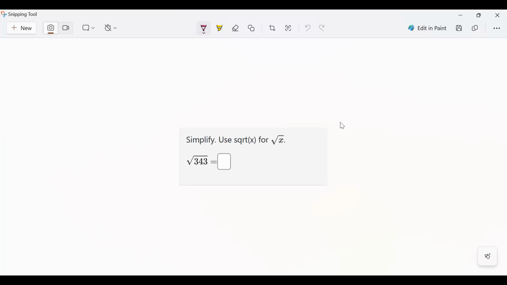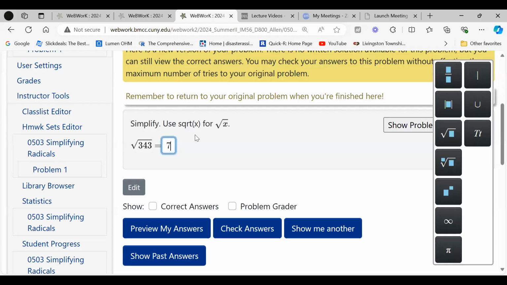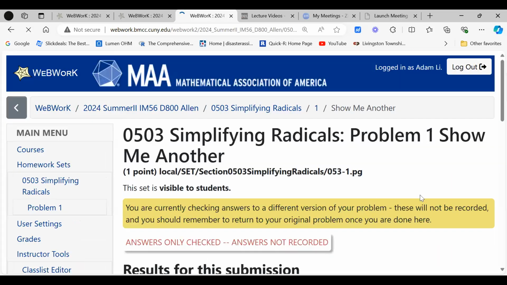All right, so we know that 343 is 7 cubed, or 7 times 7 times 7. I think it's easier that way. So we have a 7 squared, which is 49. The square root of 49 times the square root of 7. The square root of 49 is 7, so it's 7 times the square root of 7. And that's how you simplify this. 7 times square root of 7. Check it, so we can answer.